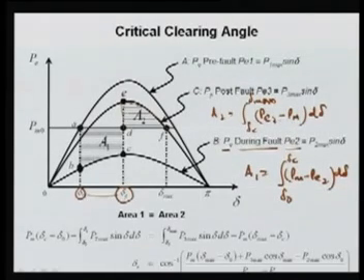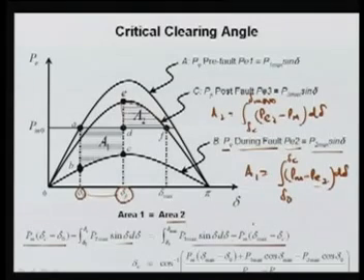So if you are equating this and integrating, for this case PM is a constant, so we will get the term PM times delta C minus delta naught. Another term here is with the negative sign, integrating from delta naught to delta C of PE2, where PE2 is P2 max sin delta. Similarly, for the other area A2 we can write in this fashion.